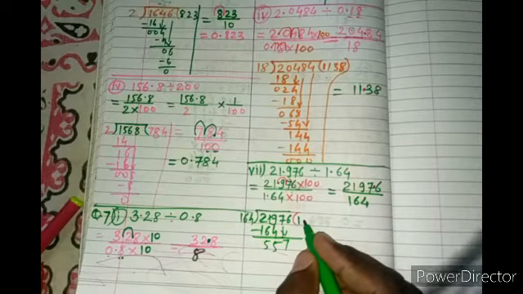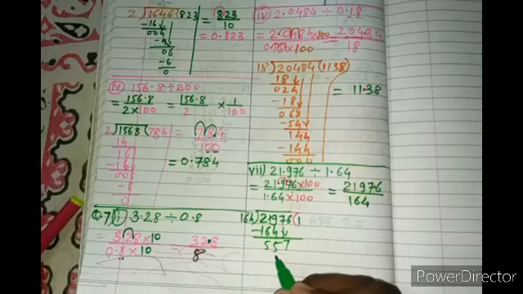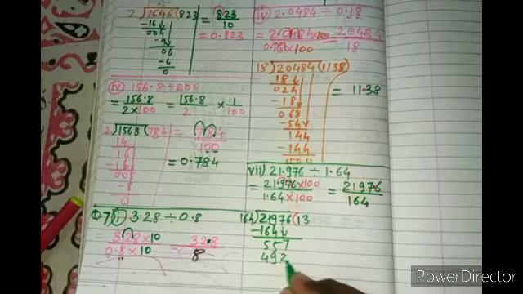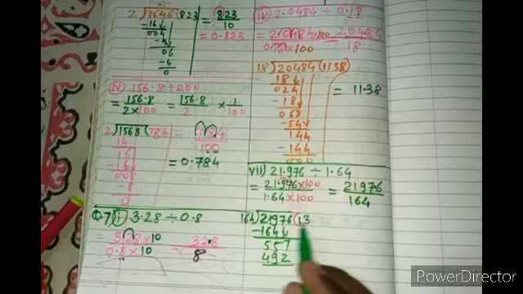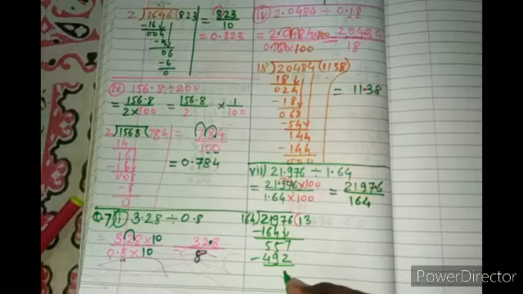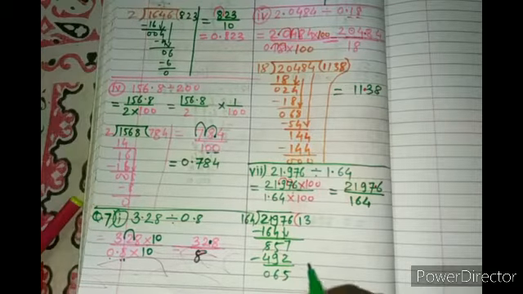Yes, guess that. So take it 16. So 16 threes are 48, that is 480. So we will take 3s are 492, after doing the multiplication of 164 with 3, 492. So now 7 minus 2, 5, 15 minus 9, 6, and this is 0.